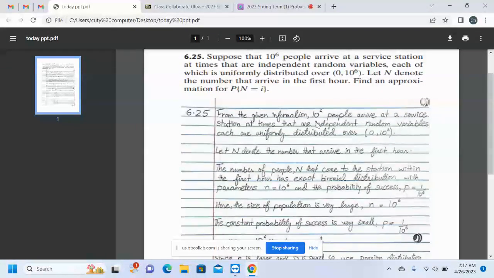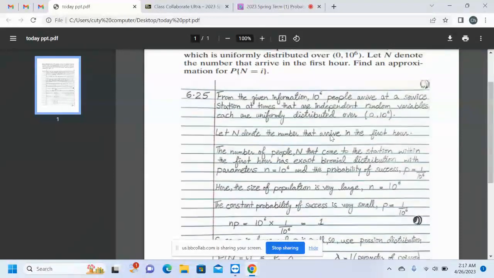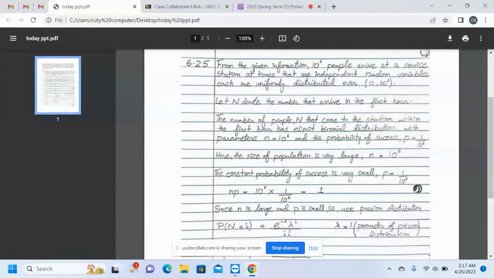From the given information, 10 to the power 6 people arrive at a service station at times that are independent random variables, each uniformly distributed over 0 to 10 to the power 6. Let N denote the number that arrive in the first hour. The number of people N that come to the station within the first hour has an exact binomial distribution with parameters n equal to 10 to the power 6 and probability of success p equal to 1 over 10 to the power 6.